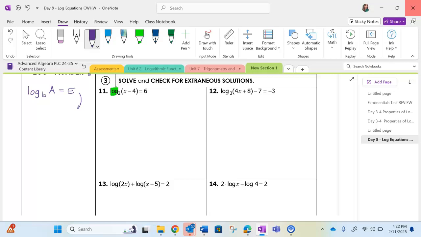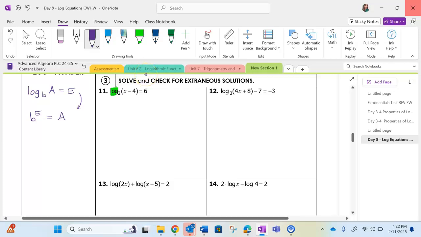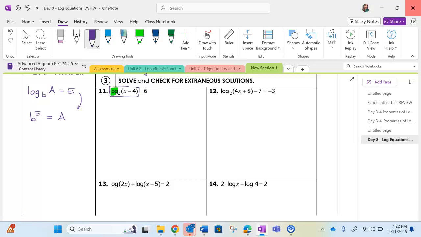And once we identify the base, the argument, the exponent, we are going to change it to exponential form with the base, the exponent equals the argument. But in order to do that, the log base argument has to be all by itself with nothing else around it on one side of the equation.